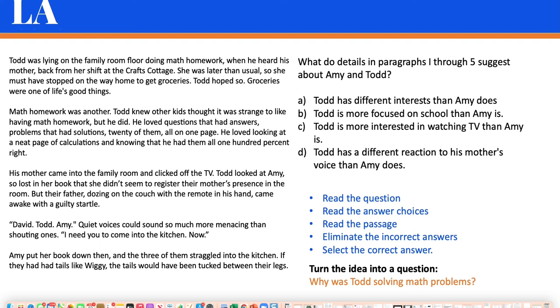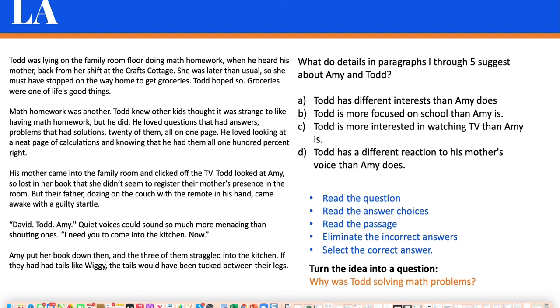Now let's revisit the question. What do details in paragraphs 1 through 5 suggest about Amy and Todd? Well, I already know that the main idea is about Todd solving math problems, and I've already changed that into a question. Why was Todd solving math problems?